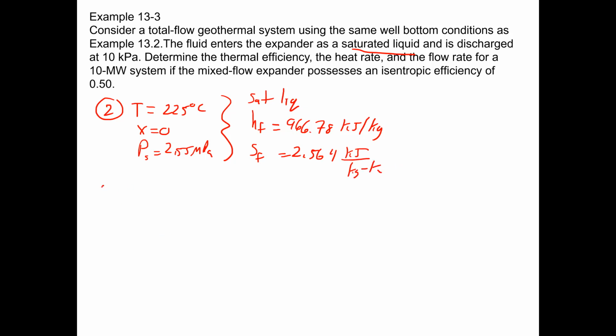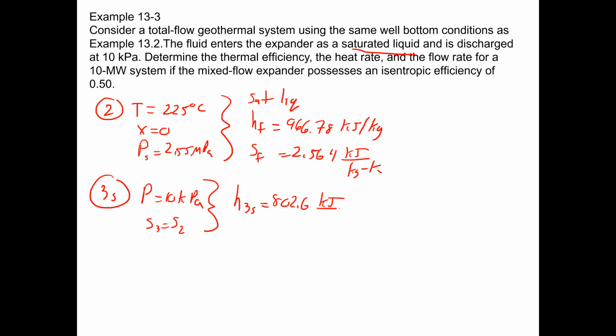Then coming out of state 3, at least the isentropic version, the pressure is 10 kilopascals. Entropy at state 3 is equal to state 2. You get here the enthalpy coming out for the isentropic version is 802.6 kilojoules per kilogram.